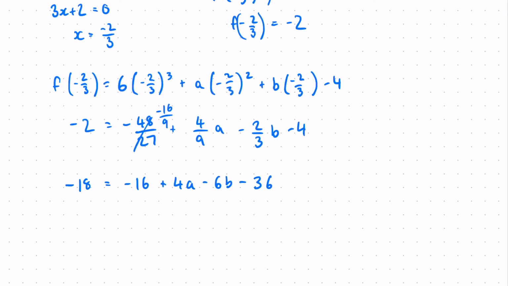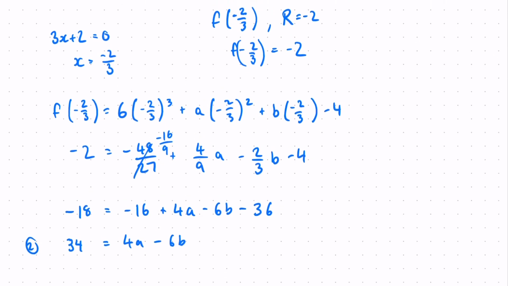Then taking the minus 36 and moving all the things I can to the left hand side so that I can get my two equations, that's going to give me positive 34 is equal to 4a minus 6b, which gives me my second equation for the simultaneous. I could simplify this down and divide through by 2, but it doesn't really matter.